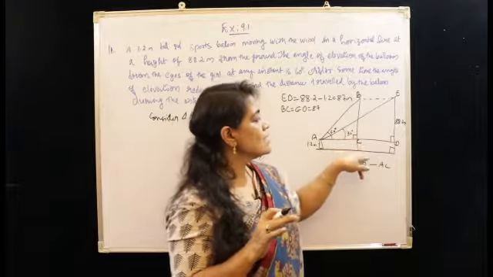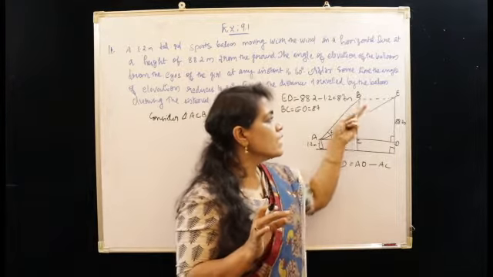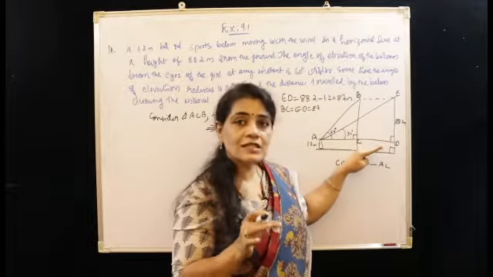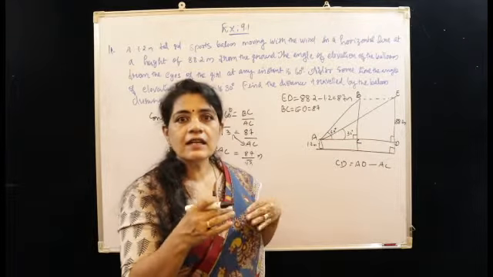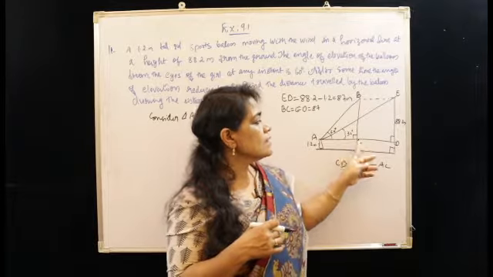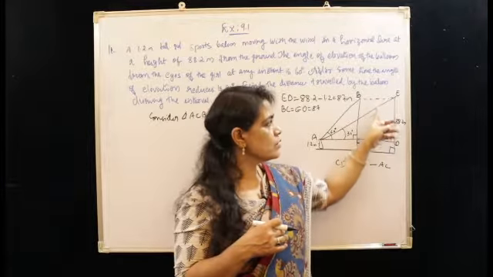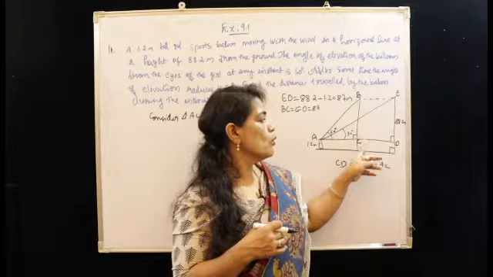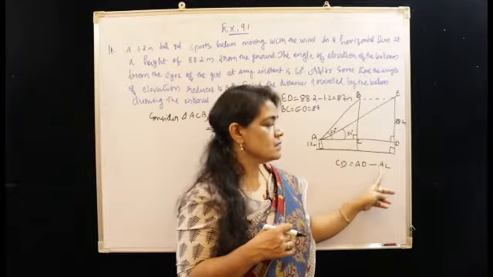That is the idea of this question, children. We are converting everything in terms of the sides of the right triangles, and we can relate that. CD is the distance travelled, equal to BE, and that is equal to AD minus AC.